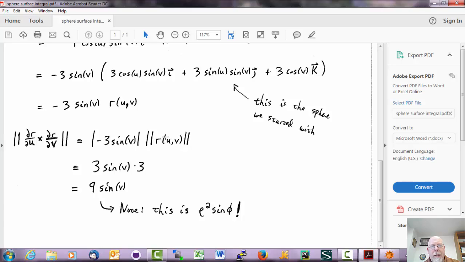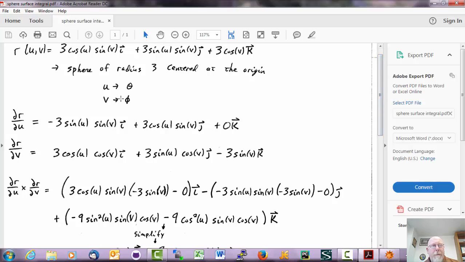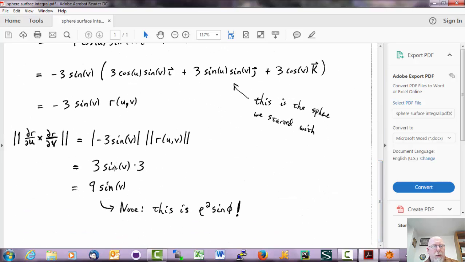But r of u v is a vector whose tail is at the origin and whose head is on the surface of a sphere of radius 3. So the length of that vector is 3. Then the absolute value of minus 3 sine v. V, remember, is the same thing as phi, and phi ranges from 0 to pi.